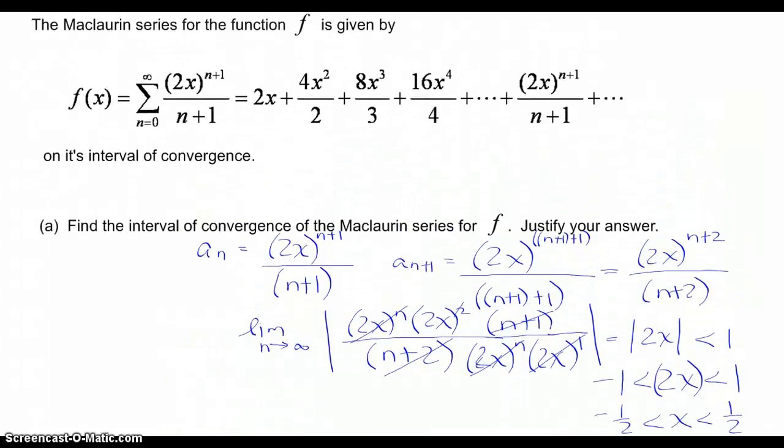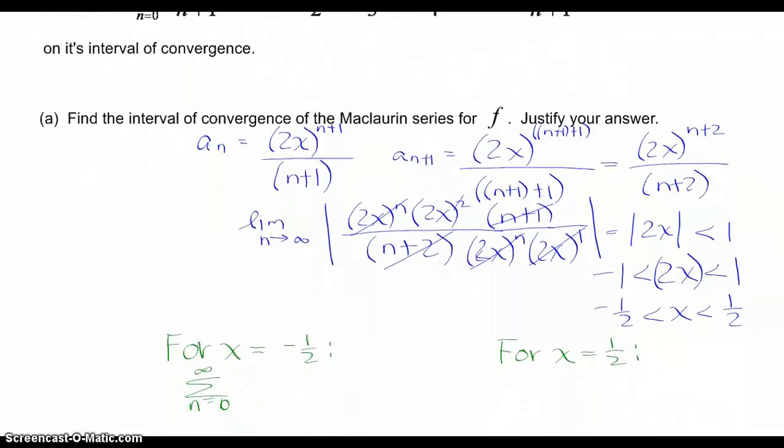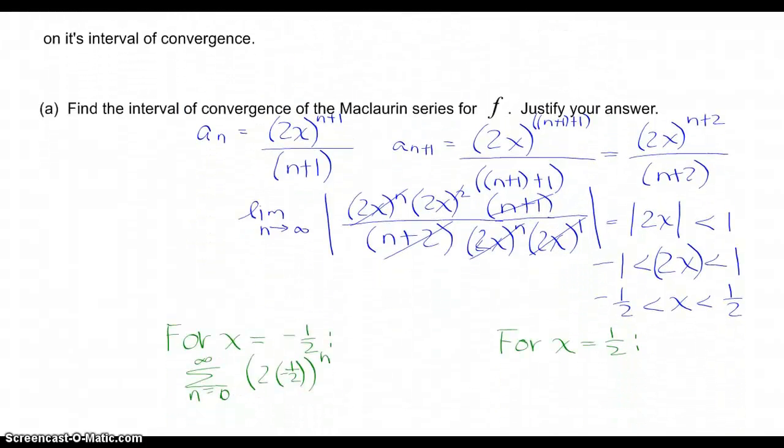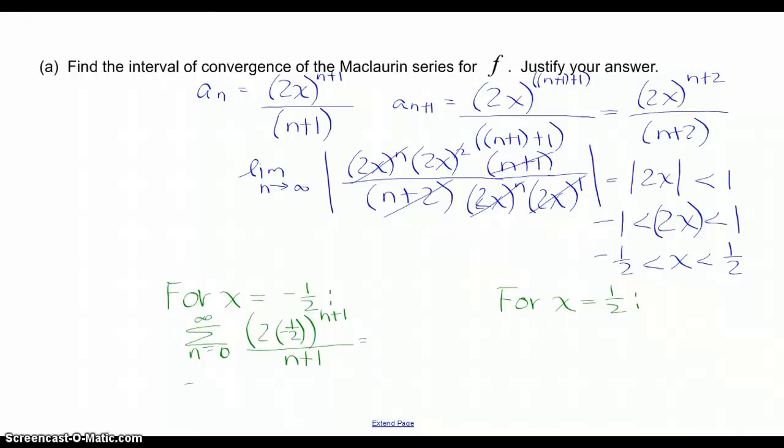We have the quantity 2, and I'm going to plug in a negative 1/2, and that is all raised to the n plus 1 over n plus 1. So we clean that up again. And we get negative 1 to the n plus 1, because 2 times negative 1/2 is negative 1. That's all I've done there.